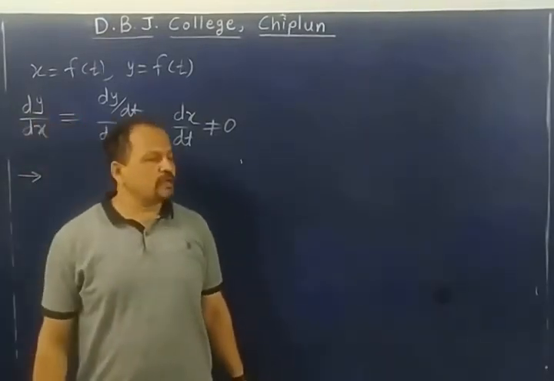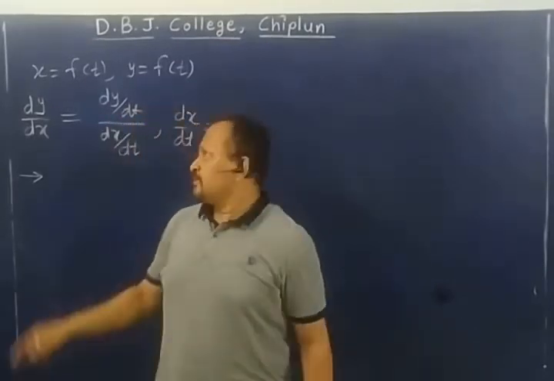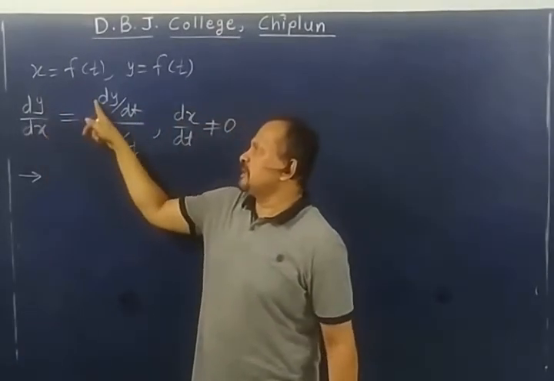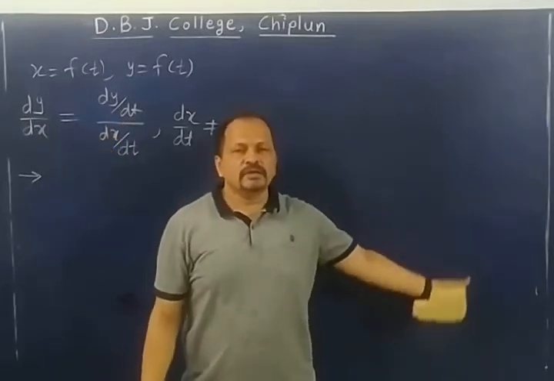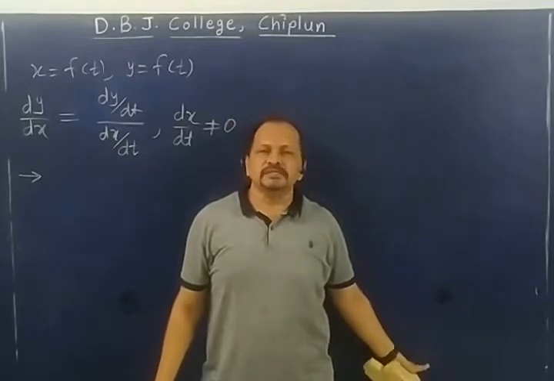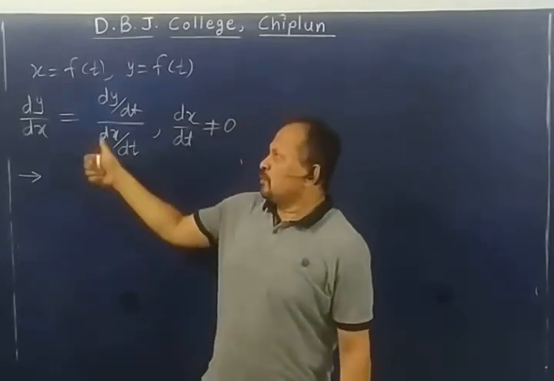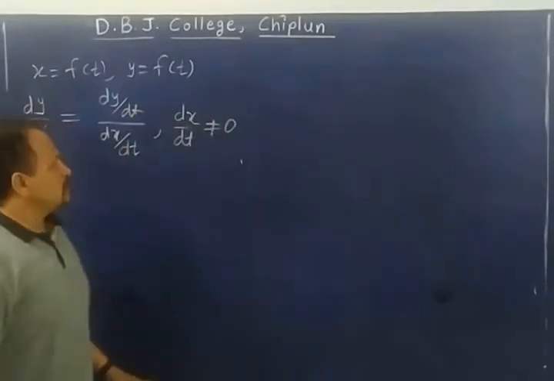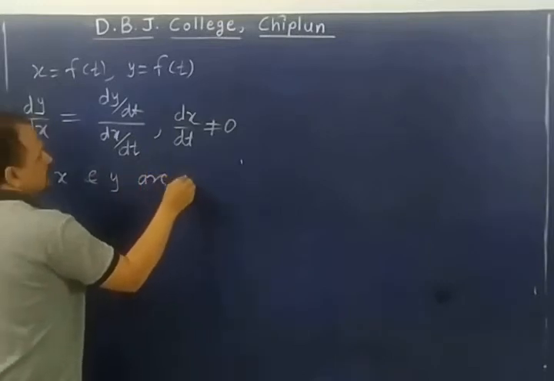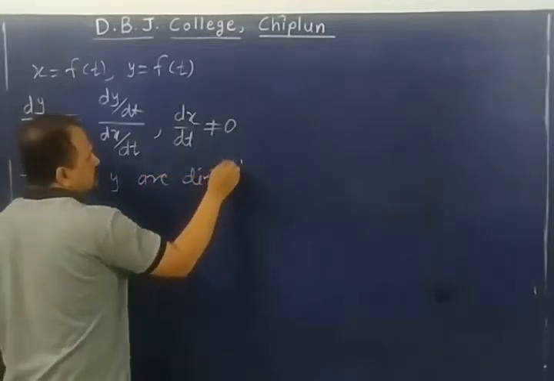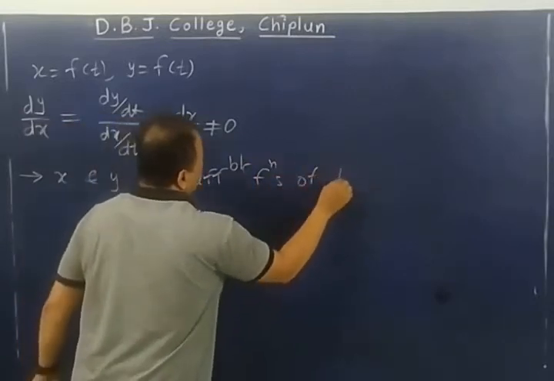What I am trying to tell you is that we can prove the theorem dy by dx is equal to dy by dt upon dx by dt. For that I have taken that example, dy by dx is equal to dy by d theta upon dx by d theta. Now here x and y are differentiable functions of t.